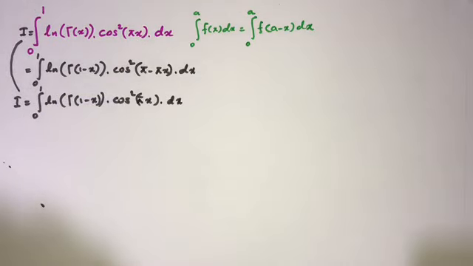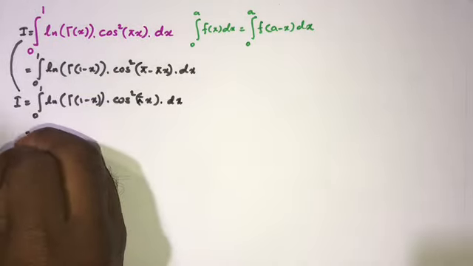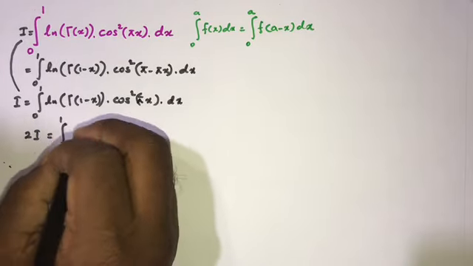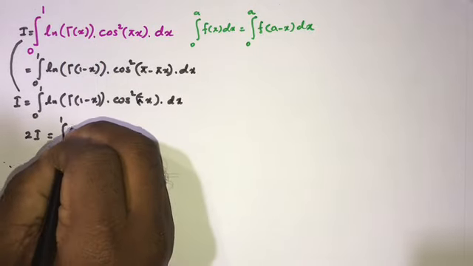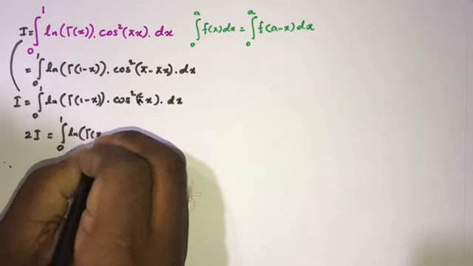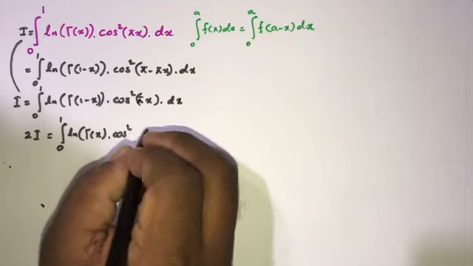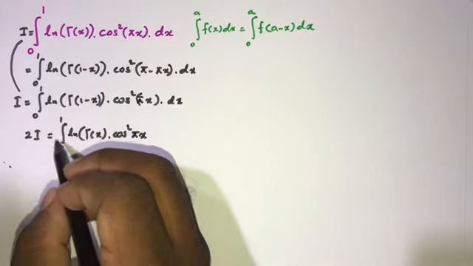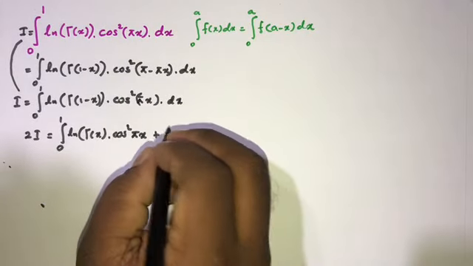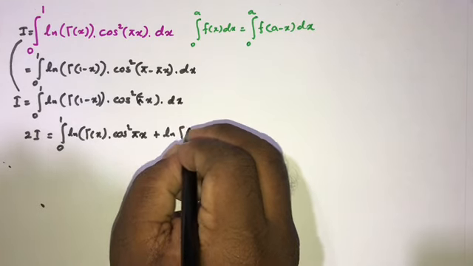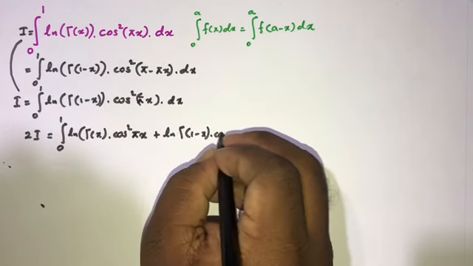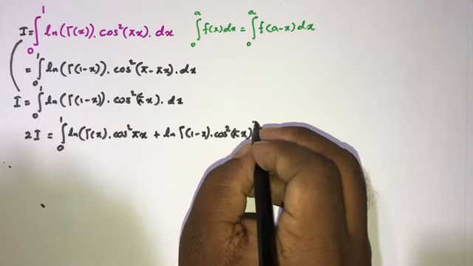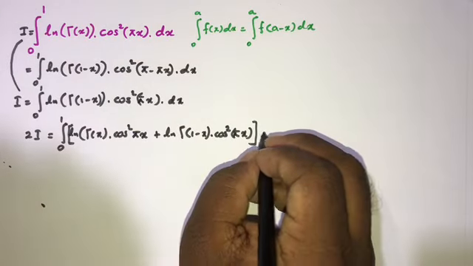Now we can sum I plus I, so 2 times I is equal to the integral from 0 to 1 of natural log of gamma of x cosine square of pi x, same limit, plus natural log of gamma of 1 minus x cosine square of pi x dx.